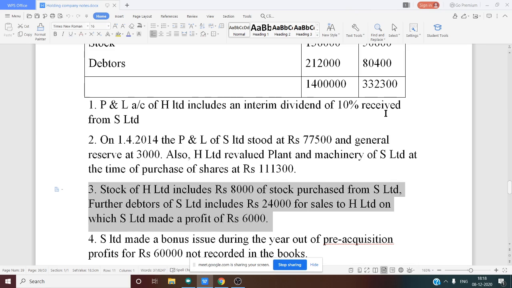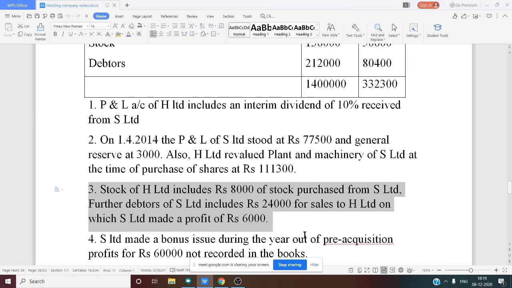Here S Limited supplies the goods to H Limited and those goods were there at the end of the financial year. So 8,000 is nothing but unsold stock. This unsold stock is there in the problem. That means there is unrealized profit also. Whenever there is unsold stock, there is unrealized profit also.